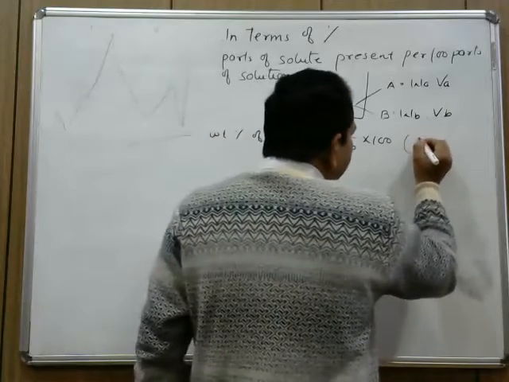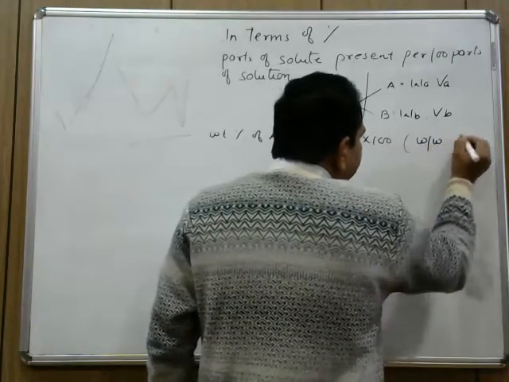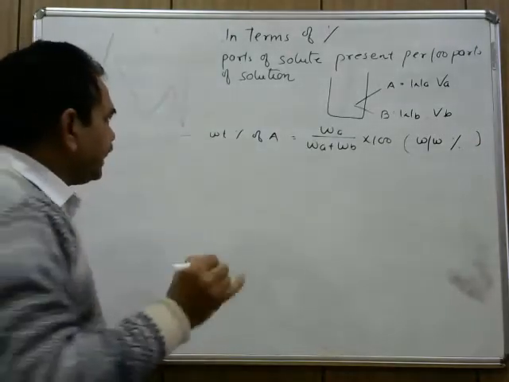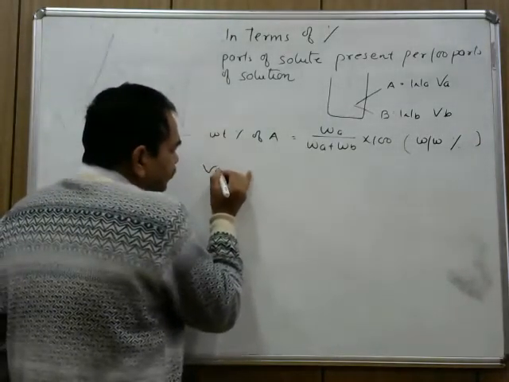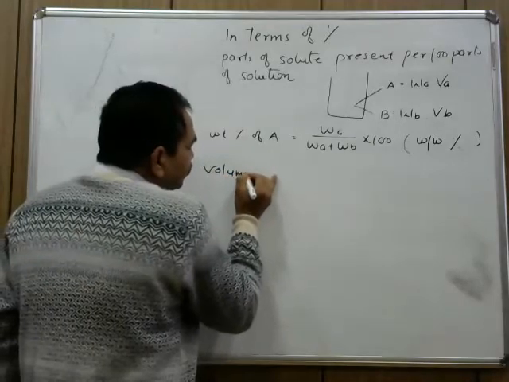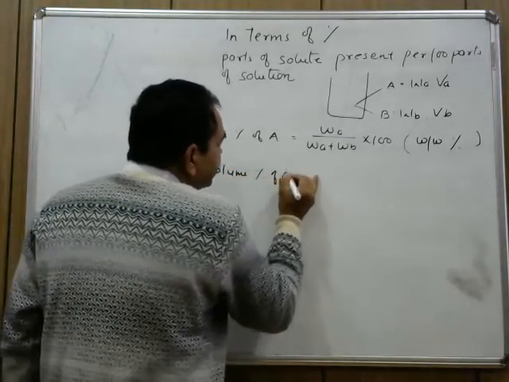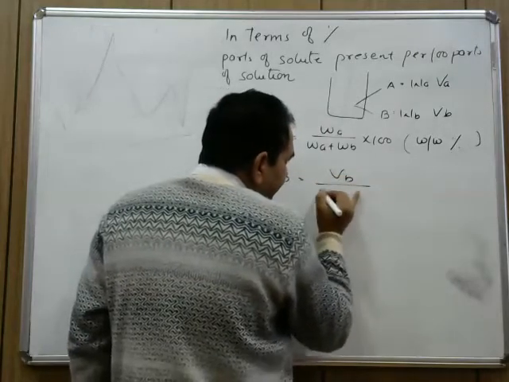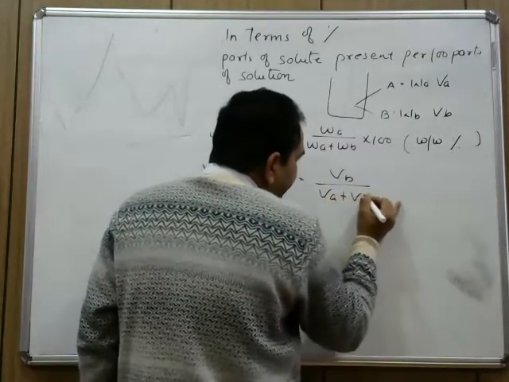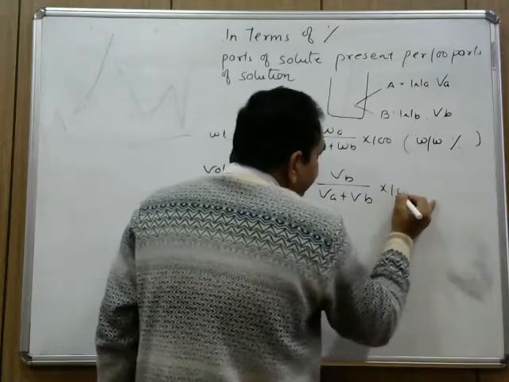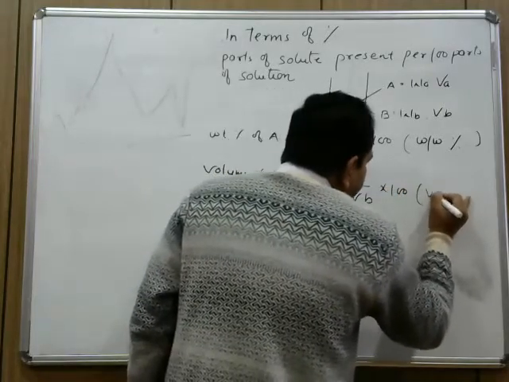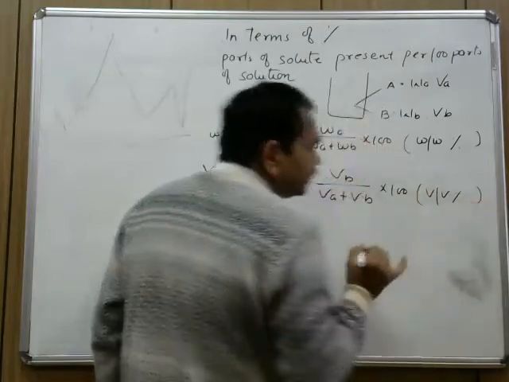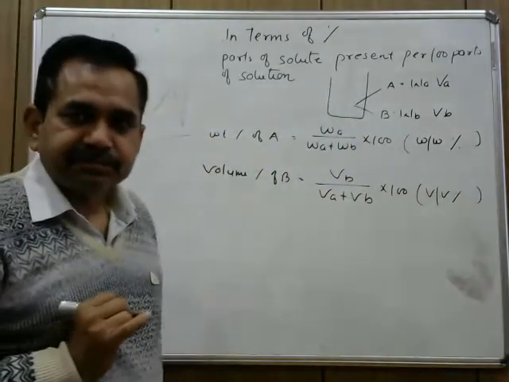This is also called W by W percent. Similarly, volume percent of B is represented by VB divided by (VA plus VB) into 100, and this is also called V by V percent.